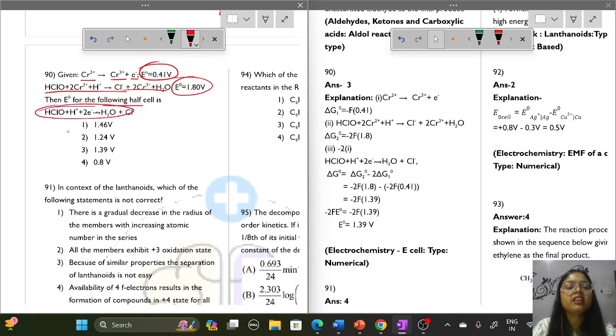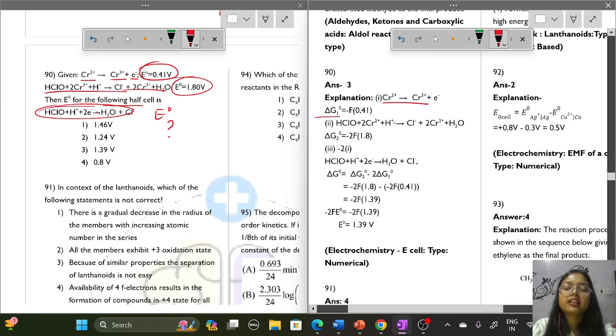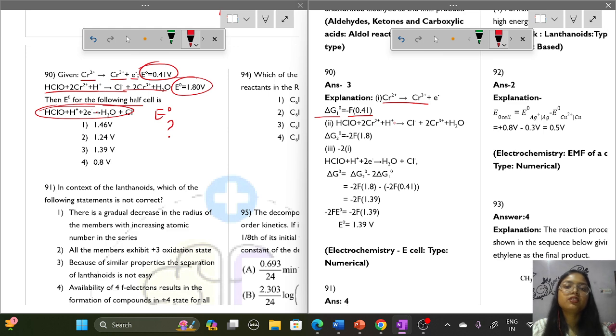This half cell is given and we have to find out the E naught value for this. Okay. So now we know that for first equation delta G1 equals to minus F of 0. So this formula, what is this formula? This formula is delta G naught is equals to minus F E naught.